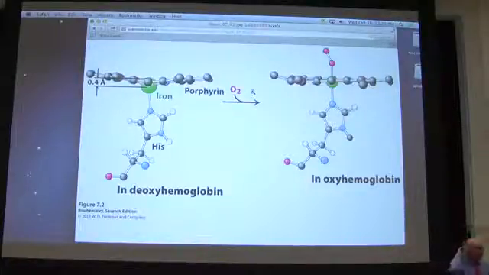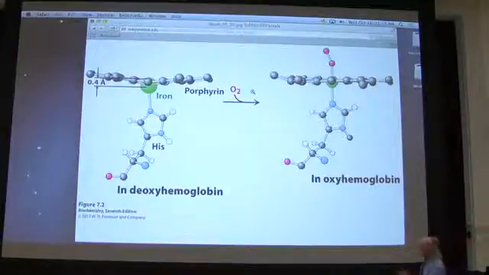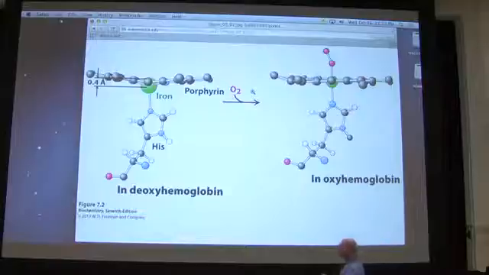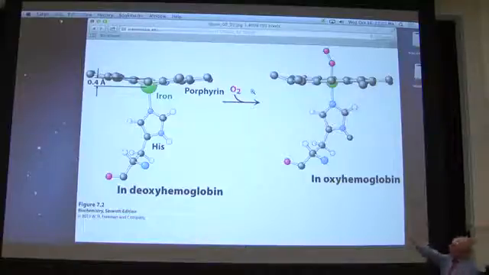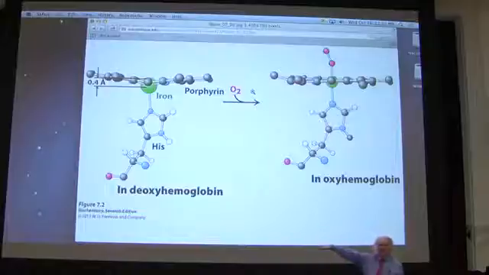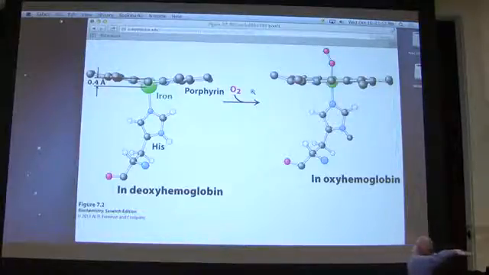We've been talking about how structure is important for function. Hemoglobin's going to bring it home to you. All right, what are we looking at here? Well, you remember I showed you the heme. We looked at it and we said it's a flat set of rings in the middle of which was iron. If we took that last figure I showed you and instead of looking at it flat like this, we turned it on its side, we would see what we see on the screen here. So we're now looking at that heme group edge on.